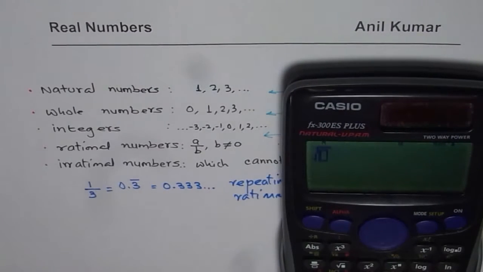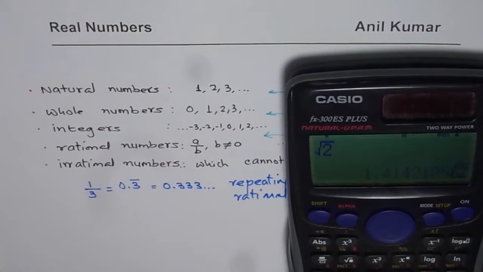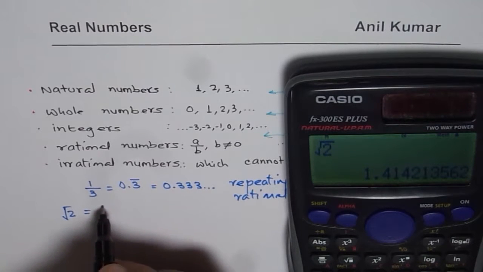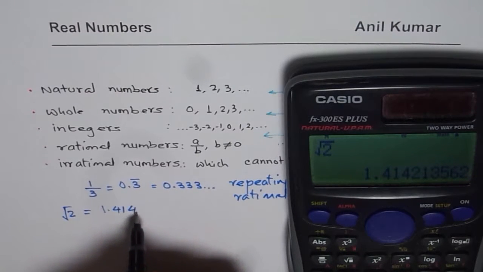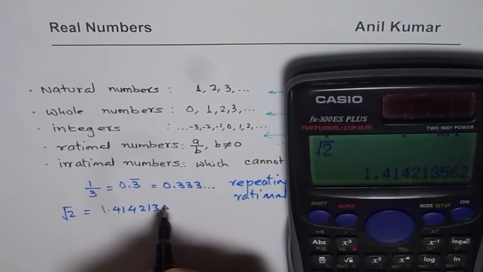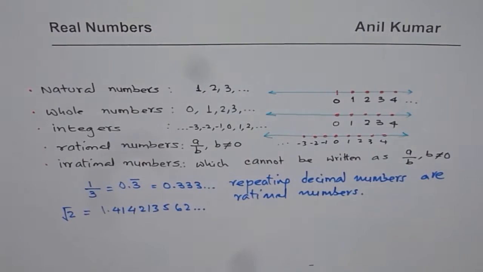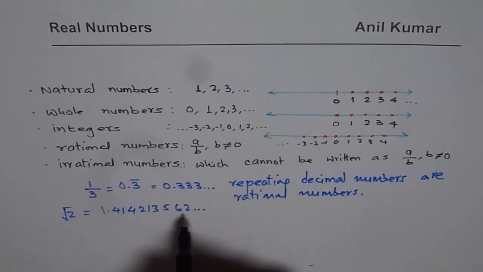Let us say square root of 2. What is square root of 2 in decimals? What we find is that square root of 2 is equal to 1.41421356, and so on. You do not have a repeating pattern here. So here we have a decimal number which is non-repeating.